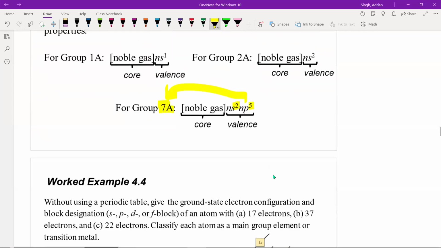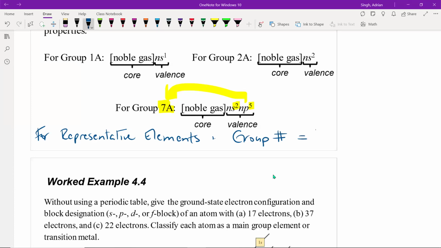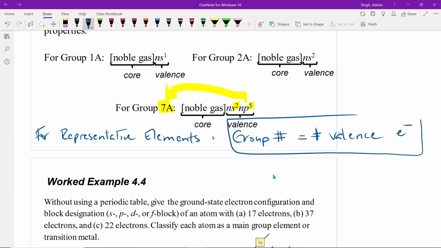So we can say that for the representative elements, the group number is equal to the number of valence electrons. And that is a very important trend.